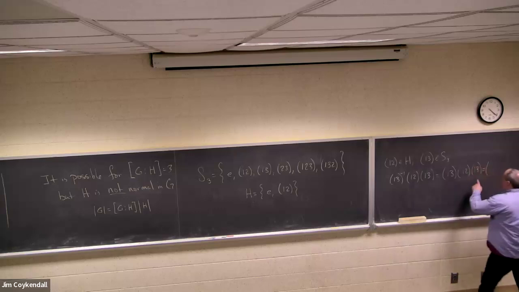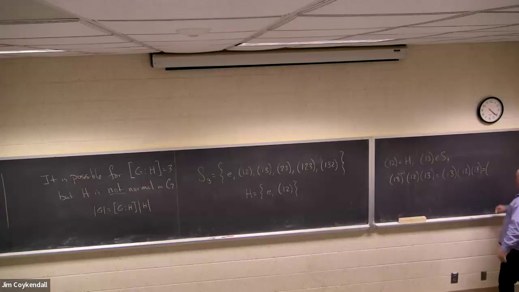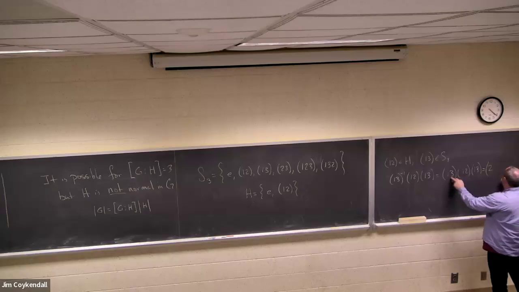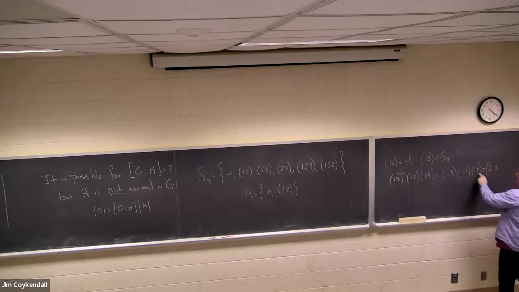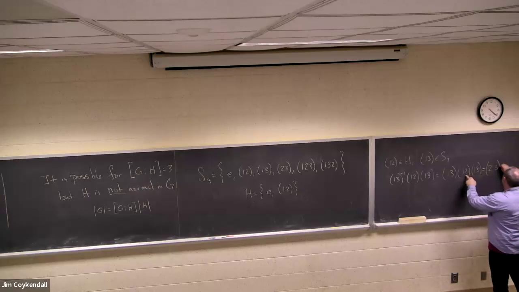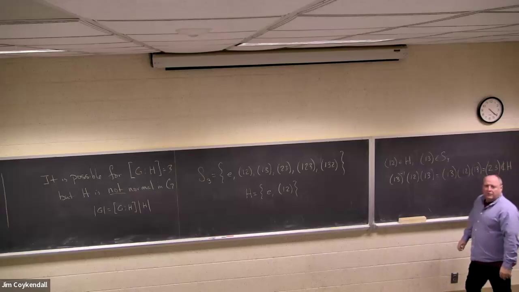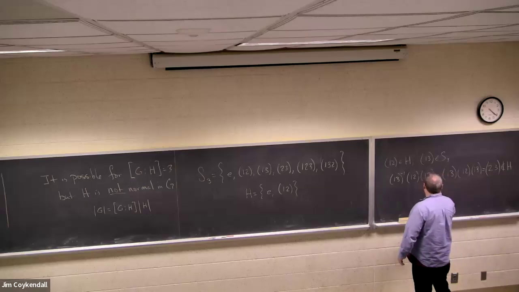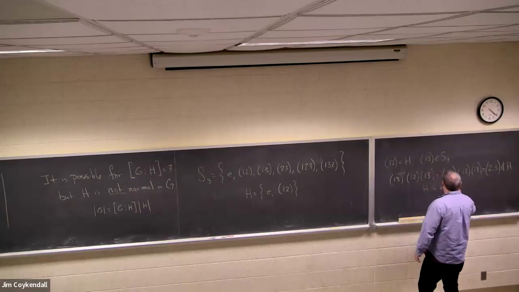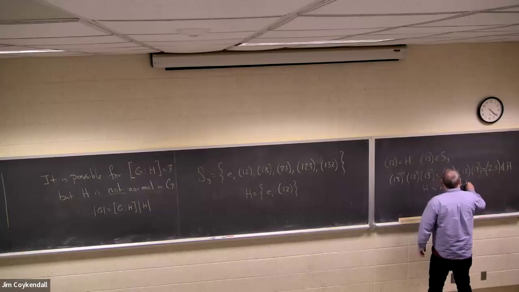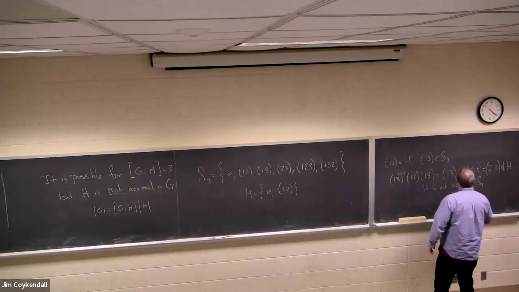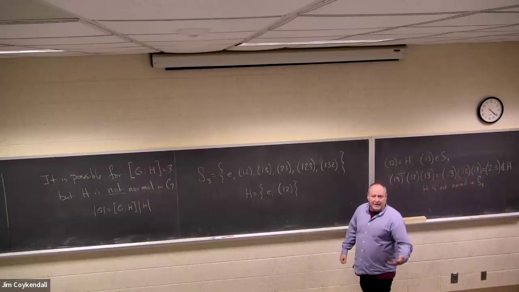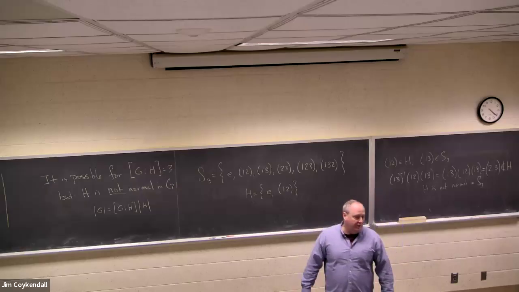Well, let's do this. 1 goes to 3, back to 1, so 1's left alone. So I'll start with 2. 2 goes to 1, to 3. 3 better go to 2. It goes to 1, to 2, and it's done. There you go. And this is not in H. So H is not normal. So there's an example of a subgroup of index 3 that's not normal.